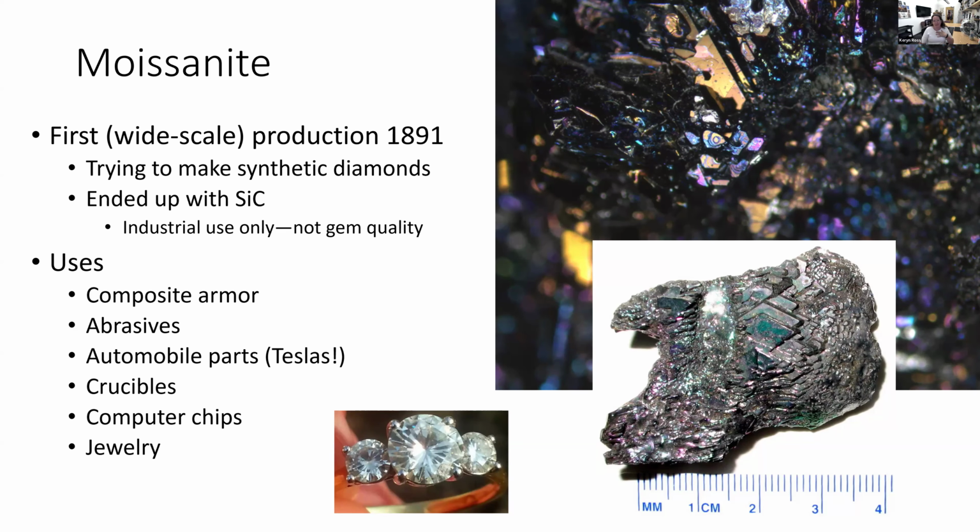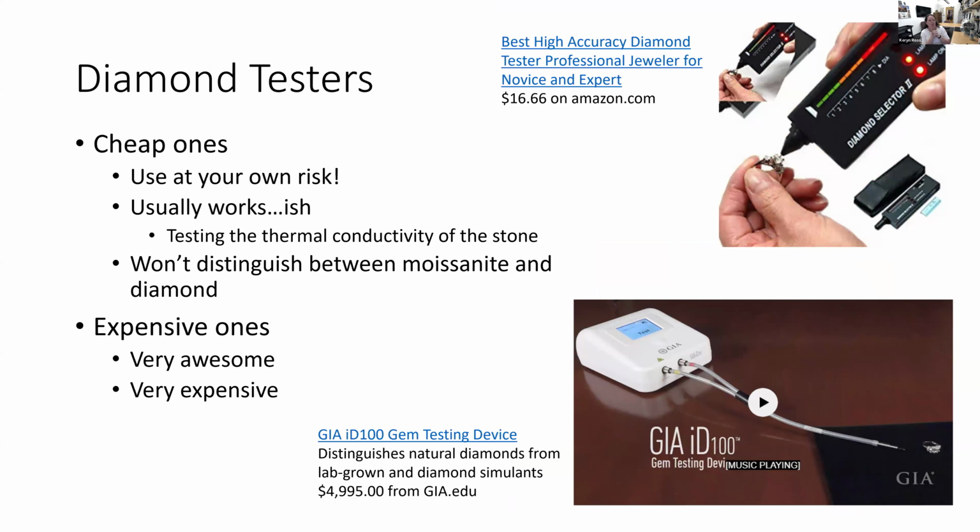All right. So how are you going to know whether the thing that you just picked up is a diamond, a synthetic diamond, a simulant, a piece of glass, whatever it is? Well, I mentioned this before when we were talking about the thermal properties of diamonds. You can get a diamond tester for 16 bucks on Amazon, but you've got to be real careful about it.